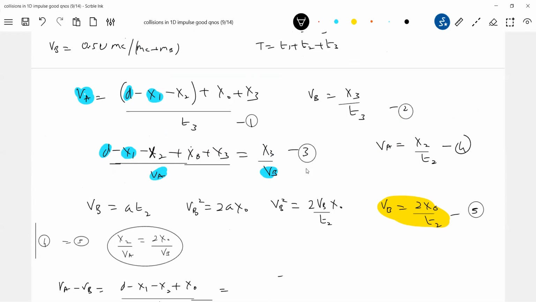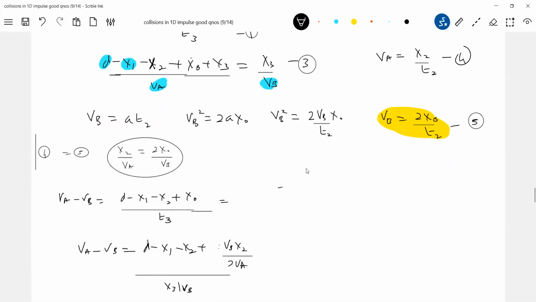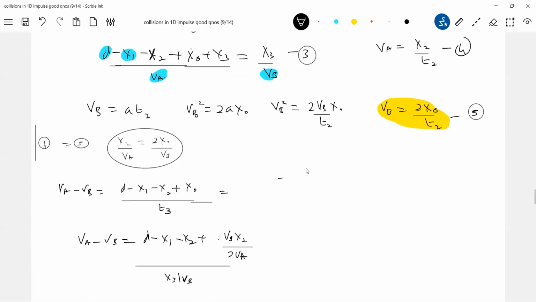You have to work out all this. I'm just leaving it here. You'll get the answer. Can you solve this all? I'll proceed to the next one. Almost it took half an hour.